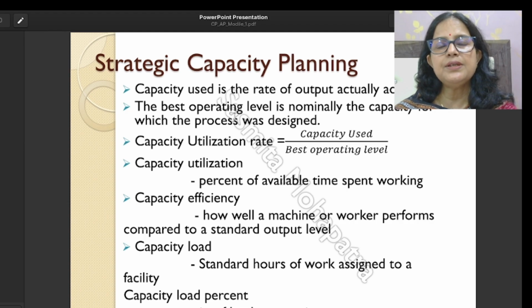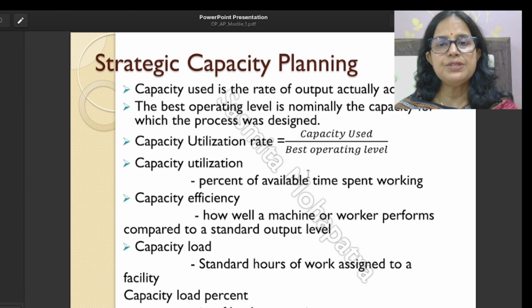Means if the machine is designed to produce 100 units per hour, then that is the best operating level of the machine. If a machine gets all the ideal conditions and performs to its ultimate level, the maximum output we achieve is the best operating level. We discuss the best operating level in detail in our next slide.